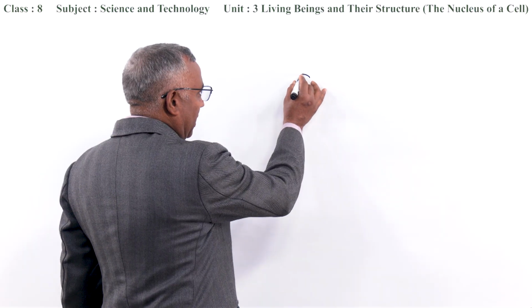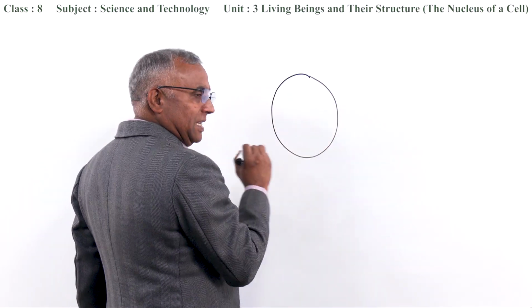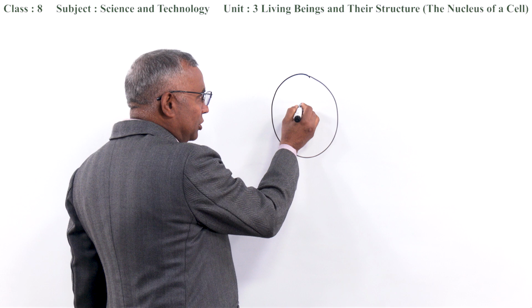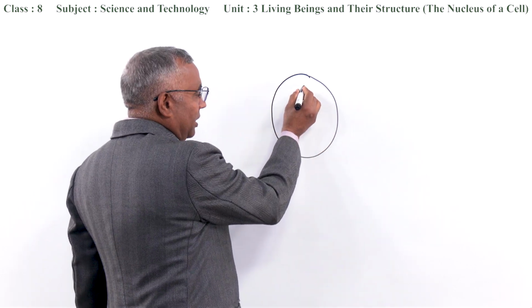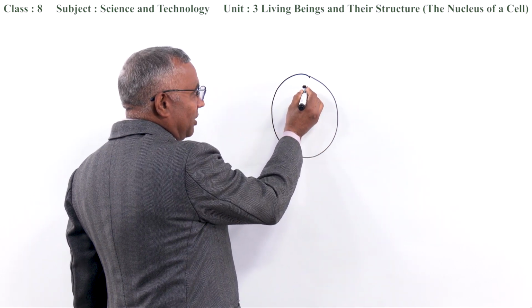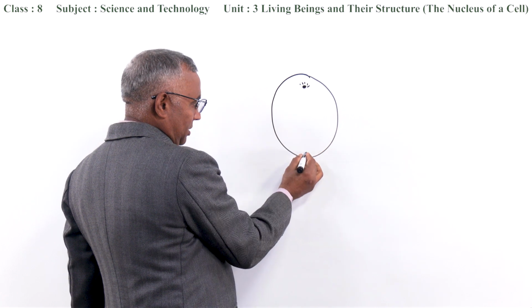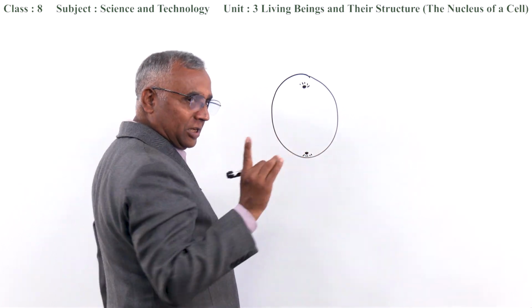I gave you that diagram that inside the cell the nucleus has to divide into two parts. There the role of centriole was given, that these are two centrioles of a centromere.